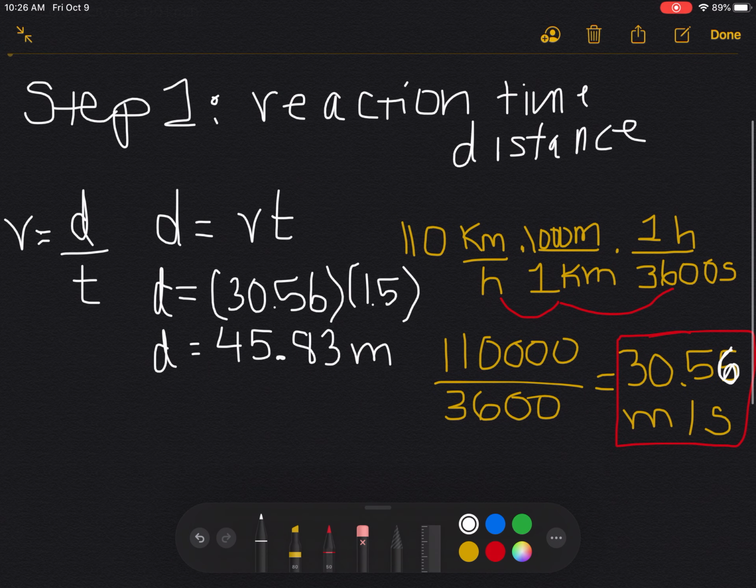That is our first piece of information that we need. So that is our reaction distance. So if we look back to the picture, we need to find out our reaction distance and then our reaction time distance and then our stopping time distance. So we've got one of the pieces. Now we got to move on to our step 2.